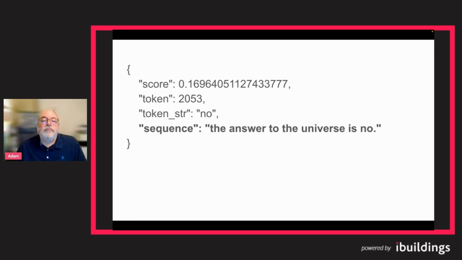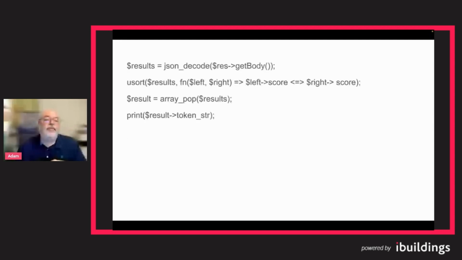So there's no documented order of the results. So you'll need to order them by score, right? So do a quick usort, gives you a sorted order, pop off the end, and that's the final answer. You can set the number to 1. You should only have one of them.